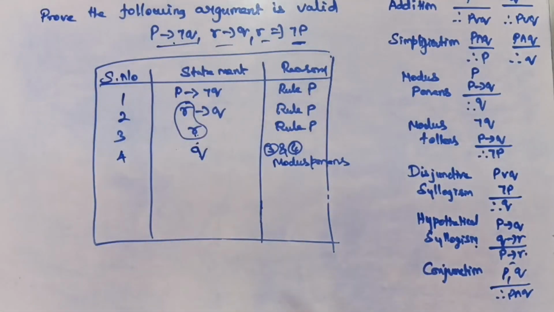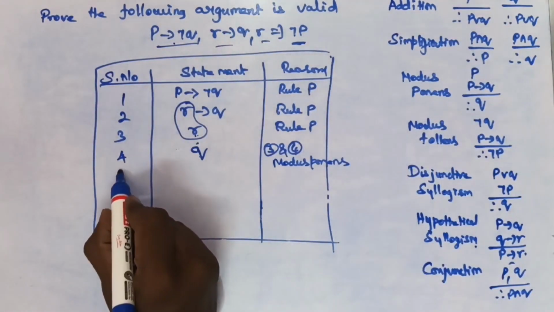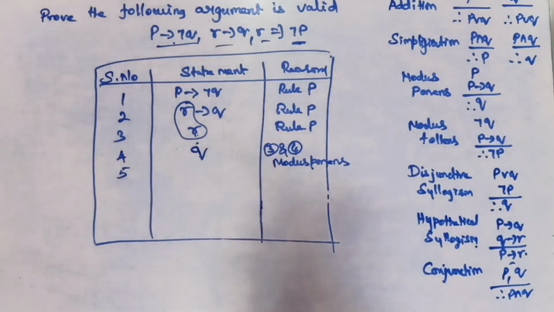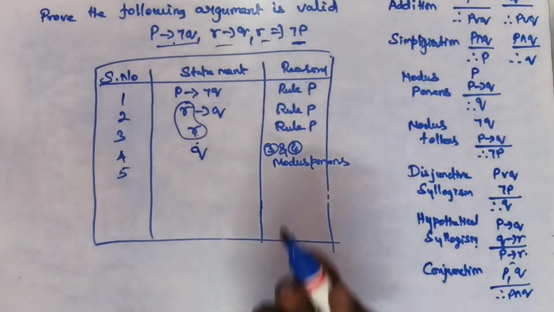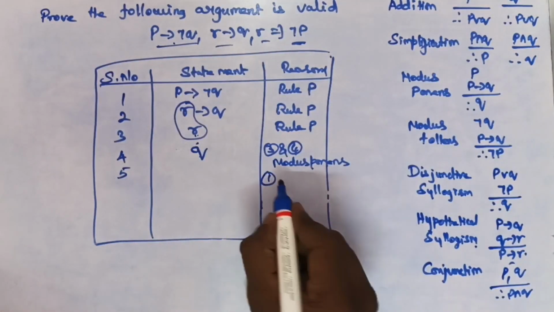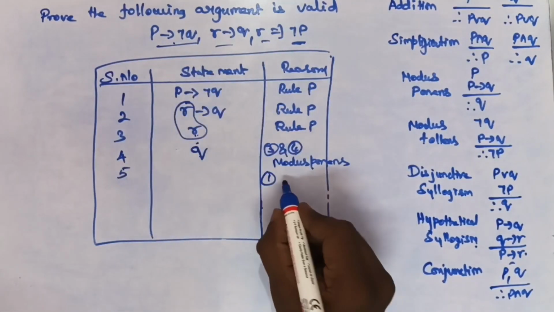Next, you can take this and this. It's modus tollens. If you forgot modus tollens, we can do one thing: contrapositive and modus ponens gives modus tollens. Straight away you can write modus tollens, no problem, but if you forgot, apply contrapositive.